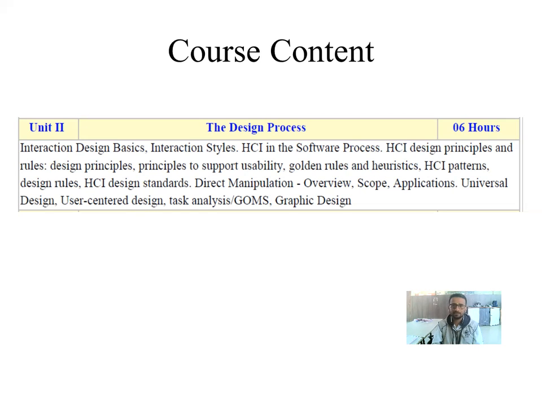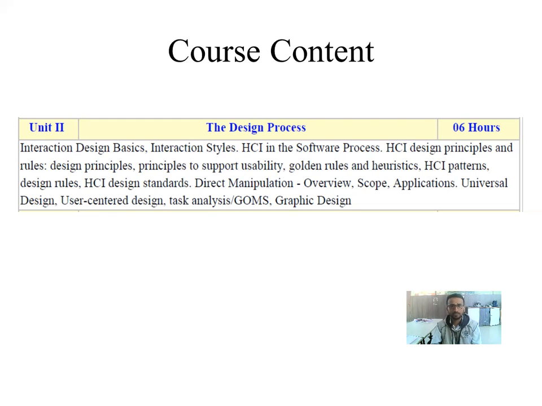Then interaction styles are there that we are going to discuss. Then in HCI, how human computer interaction can be implemented in the software development process, which we have already discussed. Where this computer and human interaction part comes in, we will discuss in this second unit. Then we also have HCI design principles and rules.